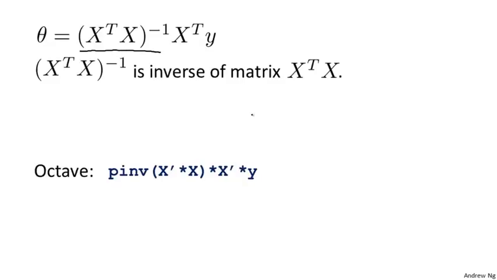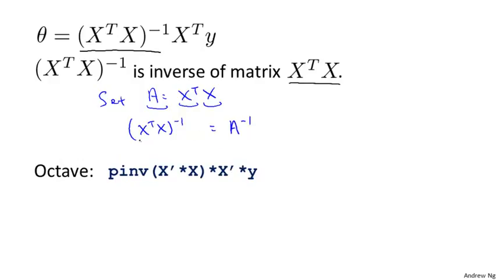Well, X transpose X inverse is the inverse of the matrix X transpose X. Concretely, if you were to set A equal to X transpose times X, so X transpose is a matrix, and X transpose times X gives you another matrix, which we'll call A, then X transpose X inverse is just taking this matrix A and inverting it. It's equal to A inverse, and that's how you compute this thing. You compute X transpose X, and then you compute its inverse.